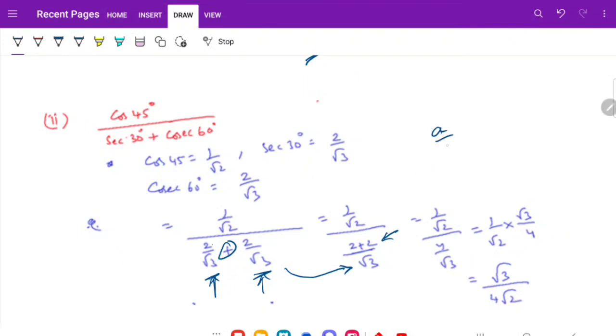If you have in the numerator a by b rational number, in the denominator c by d rational number, then this is equal to a by b multiply by d by c. And that means this denominator value will be written in the opposite way, that is reciprocal. We have to take c by d, you write multiply as d by c.